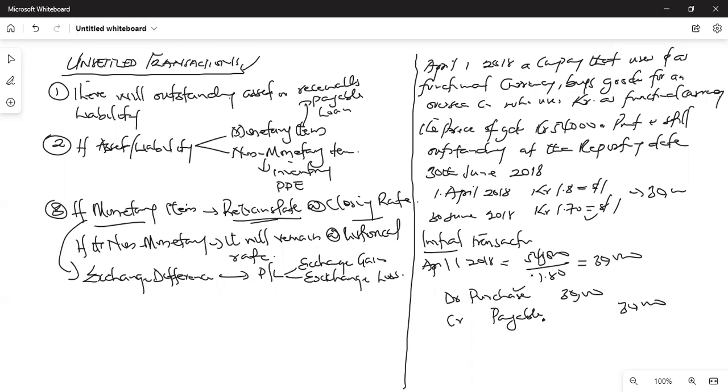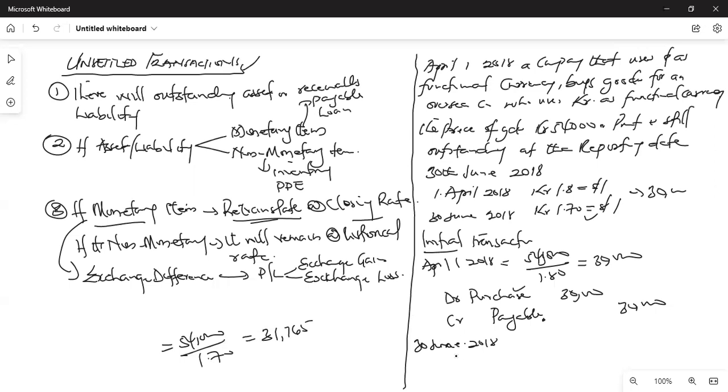So if we are going to retranslate at 30th June 2018, then we need to divide the 54,000 again. And this time around, it is 1.70. And I think that is giving us 31,765 rounded.